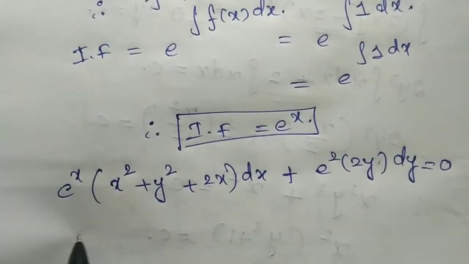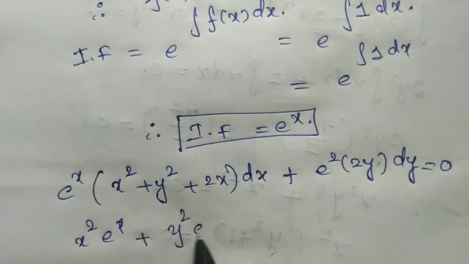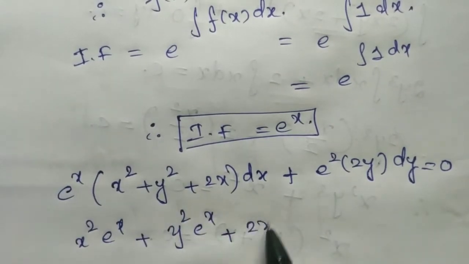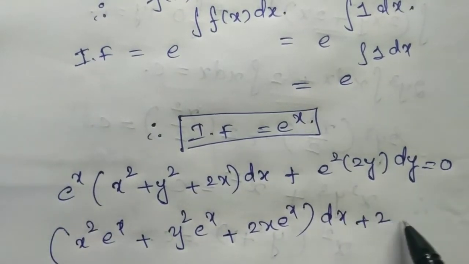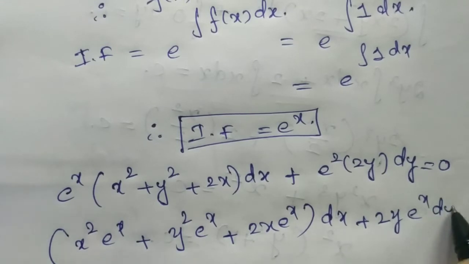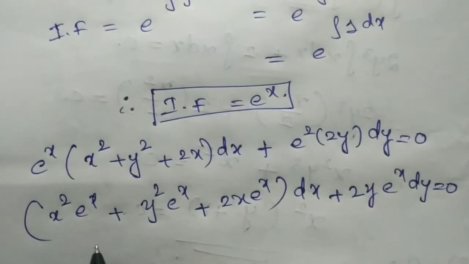So that is (x square e power x + y square e power x + 2x e power x) dx + 2y e power x dy = 0. So integrating on both sides.